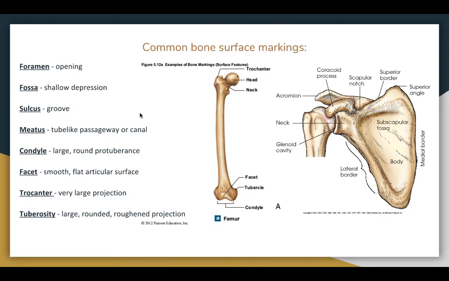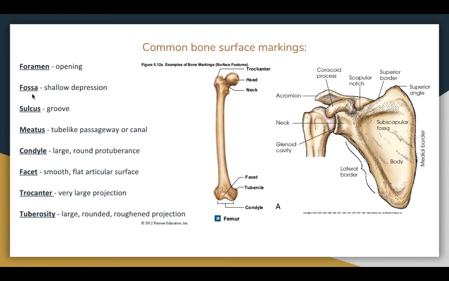Some common bone surface markings include a foramen, which is an opening in the bone, and the one that I'm thinking of the most is the one that occurs on your jawbone or the mandible. I don't have a picture of that here, but we will take a look at that. The fossa.